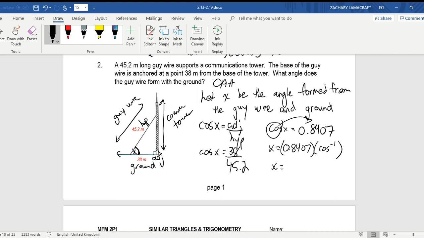And we should get the answer, closest degree, it's 32.78, which will be 33 degrees. Therefore, the angle formed is 33 degrees. Okay, so I'll give you a second to get that down.